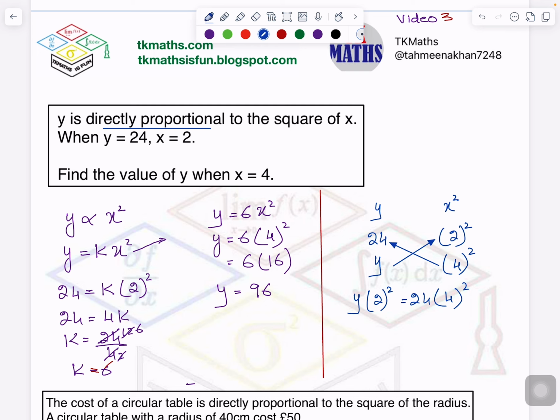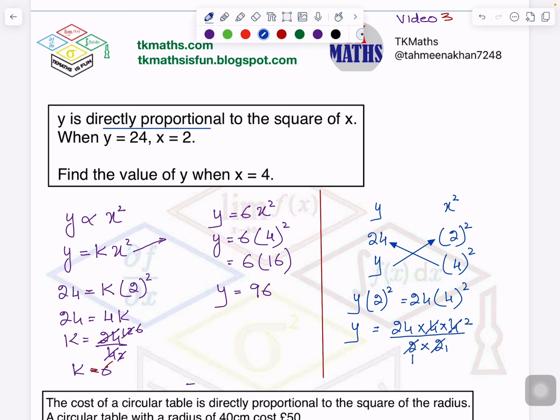In the next step, because at this level you are not allowed to use a calculator, I will not multiply right now. Squared means 4 times 4, and the 2 squared will come in the denominator, like this. It will be easy for me to cancel it out, rather than it becoming a big number, but the choice is yours. 2 times 1 is 2, 2 times 2 is 4.